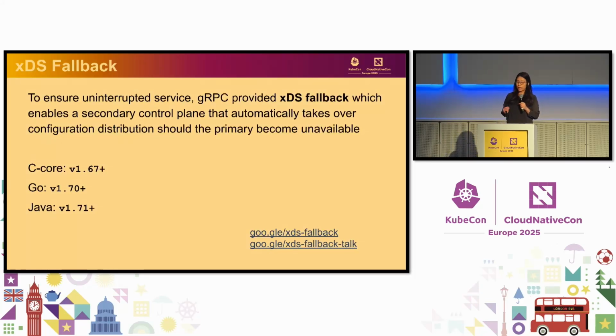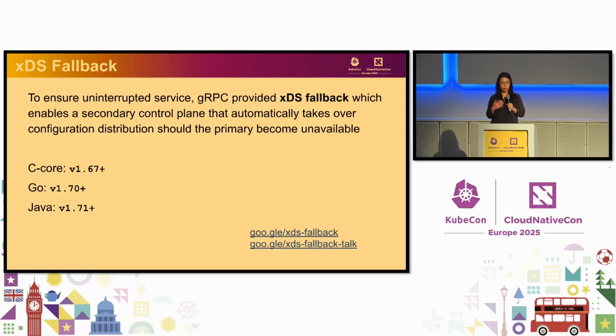To further enhance the reliability and resilience of your service, we also recently introduced another new feature, xDS fallback. This capability addresses the critical need for continuous operation by allowing you to configure and deploy a secondary control plane alongside the primary one.